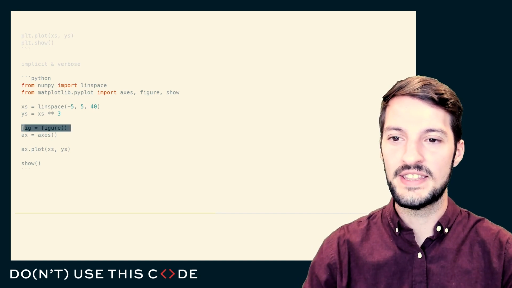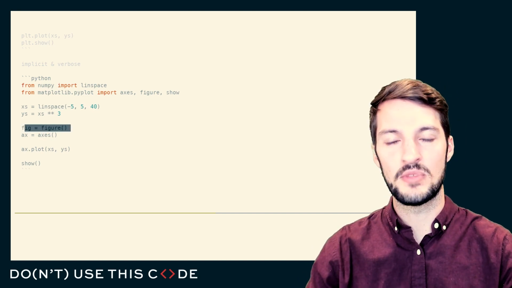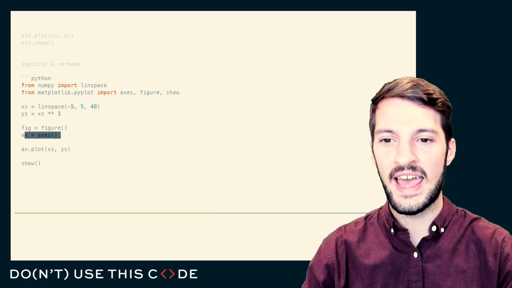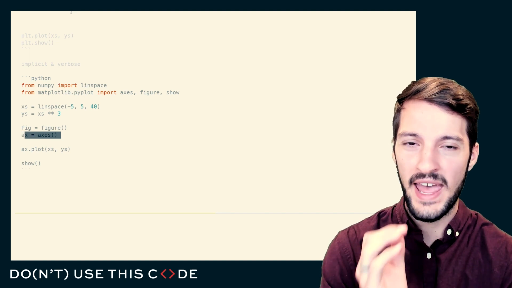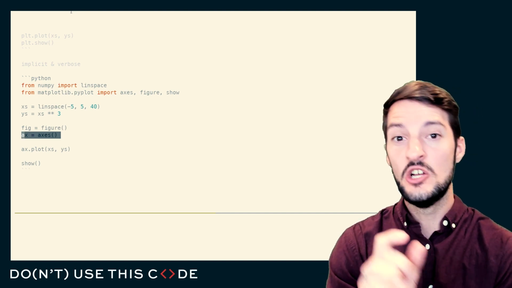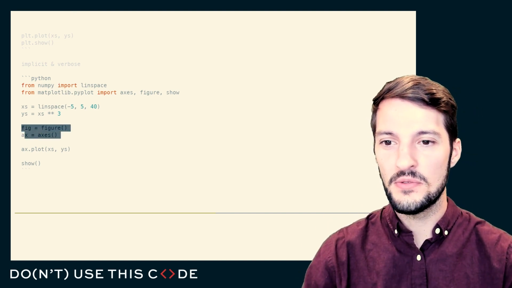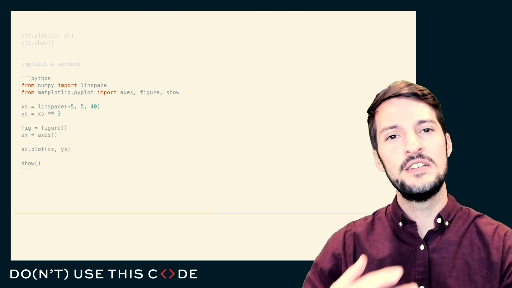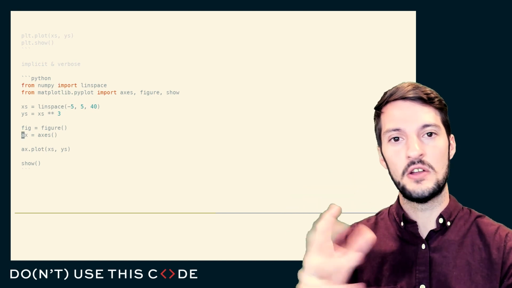What's happening here behind the scenes is that I'm creating this figure, this blank canvas, fantastic. And then, just by calling this axes function, I am actually adding a set of axes to that figure. And note that there's no linkage here explicitly that I've put to say that I'm putting this set of axes on this figure.